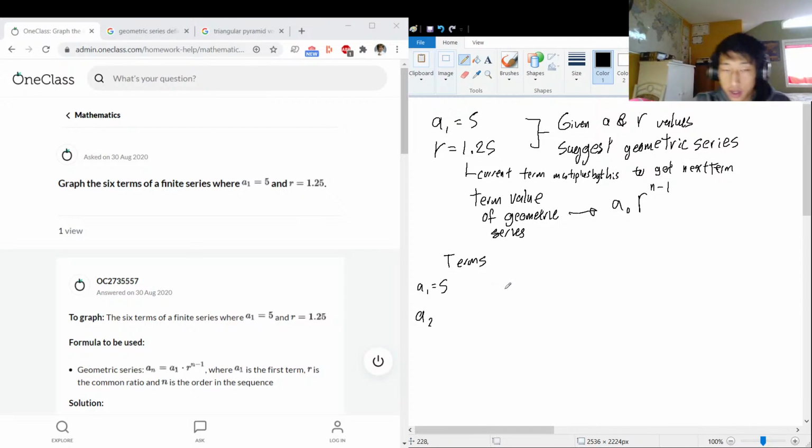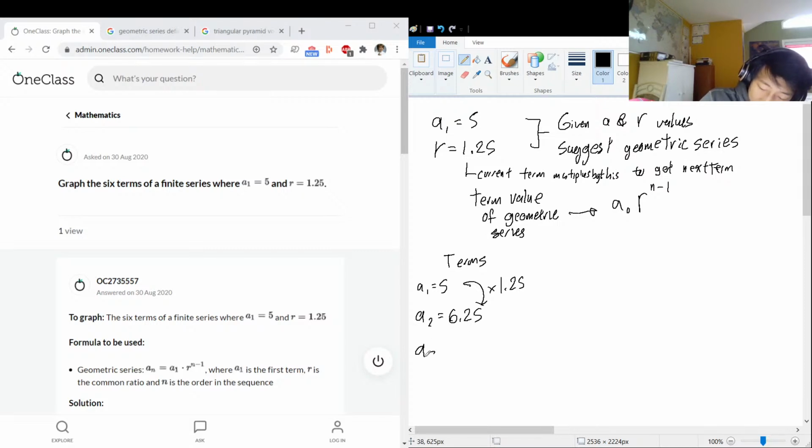The second one is going to be 5 multiplied by 1.25. I think that's 6. I'm going to double check. 1.25 times 5. 6.25. Uh-oh. That's why you should not always trust yourself.